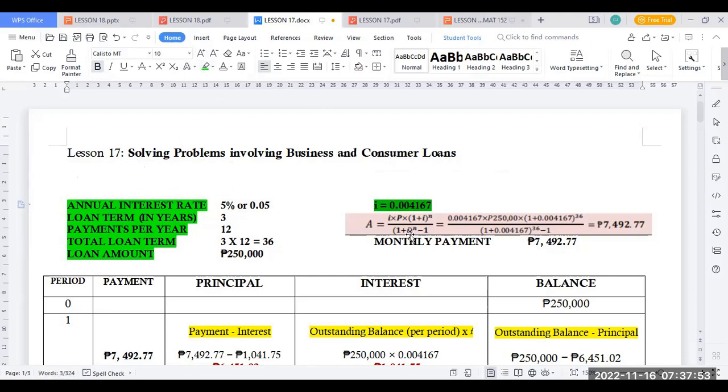And then, our A, or the monthly payment, na-compute na natin kanina, ito yung babayaran niya every month, and fixed na po siya. Okay, that's the payment every period. Fixed po siya until the period 36, and that is 7,492.77.